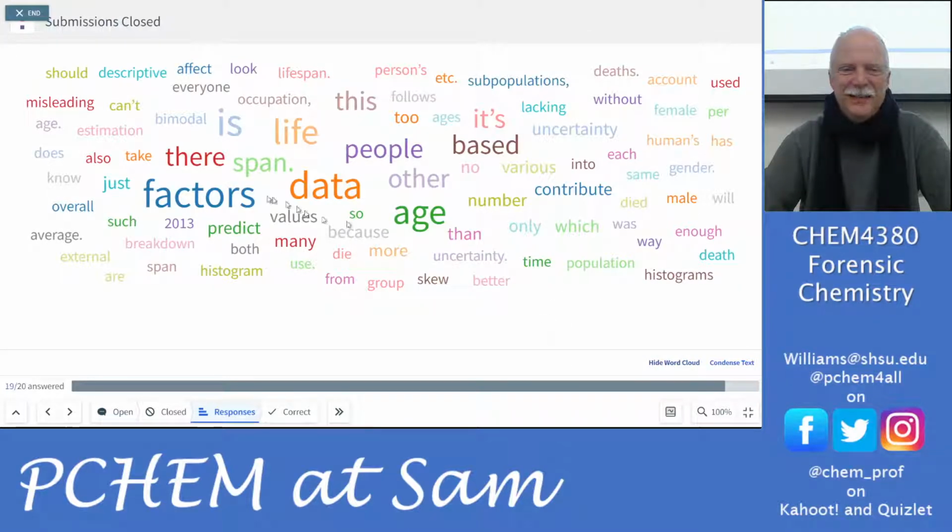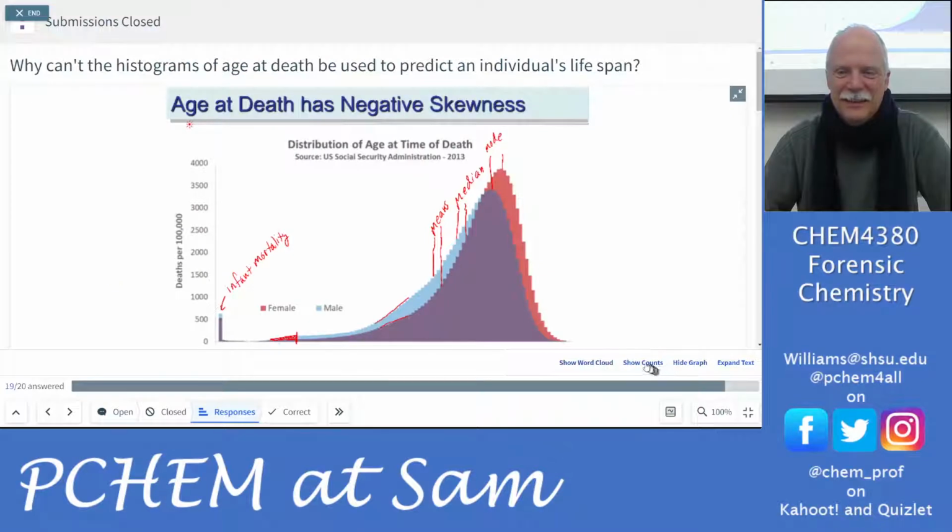Okay, factors. There's factors, of course. I found the word I'm looking for. Let's see what does condensed text mean? Show counts. What is this?